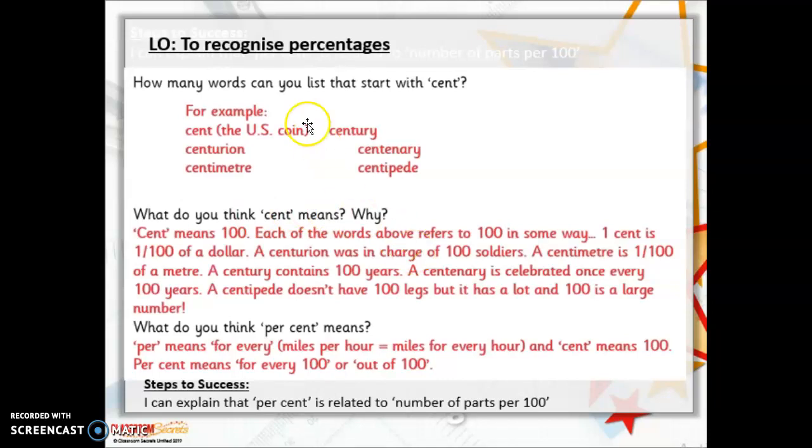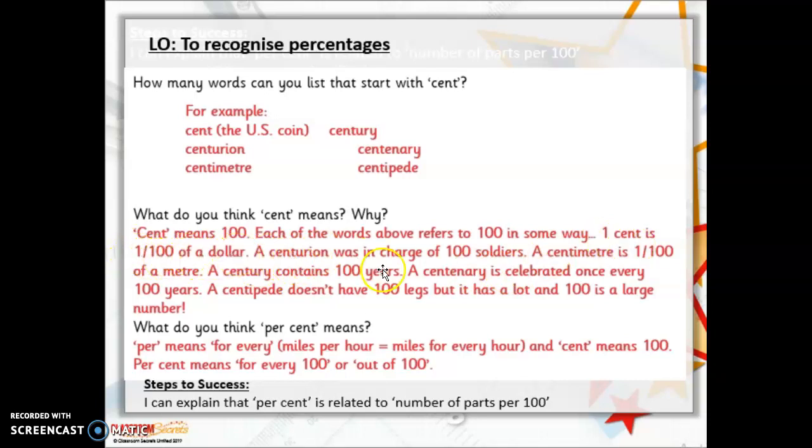Okay, so century is one you'll all know. Centimetre, centipede, centurion, the cent, which is the American coin, and the centenary. Okay, so what does it mean? It means 100. All right, and each of the words refers to 100 in some way. 1 cent is 1 out of 100 of a dollar.